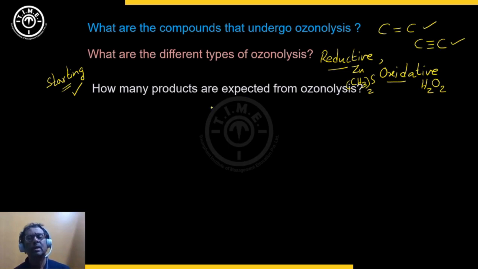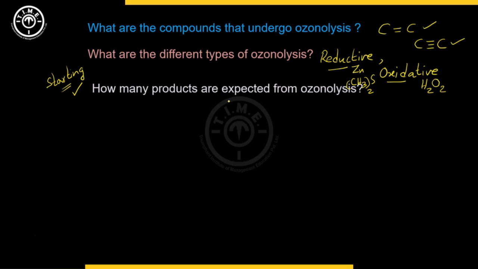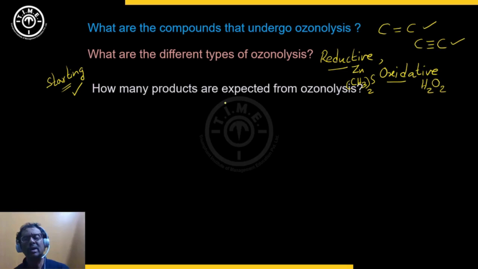We said that it could be an open chain compound, for example, acyclic, or a cyclic compound. So it depends on that. We also mentioned that the alkene could be symmetric or unsymmetric. An unsymmetrical alkene and a symmetrical alkene also will decide how many products are going to form.